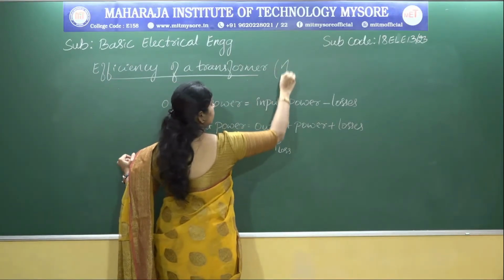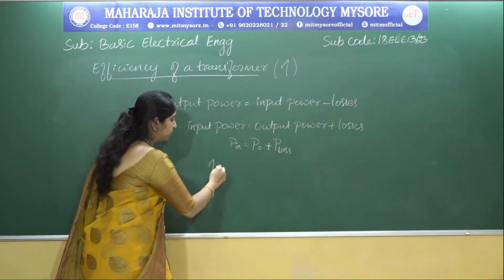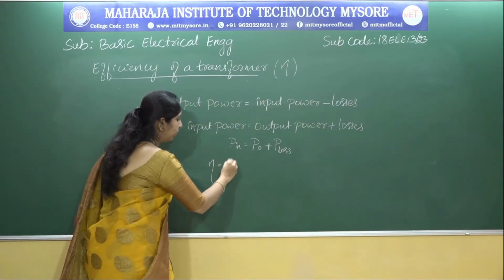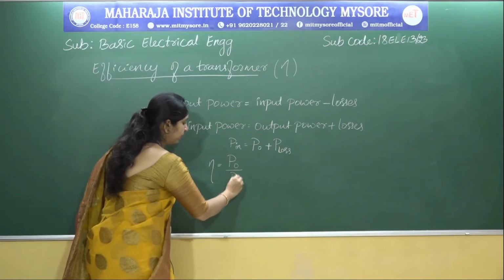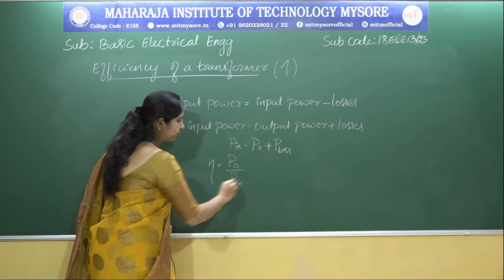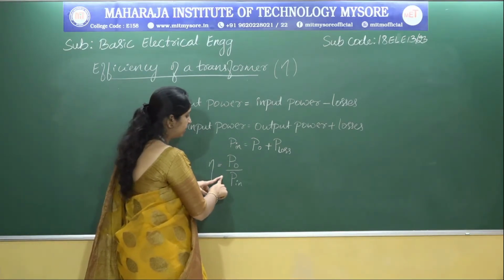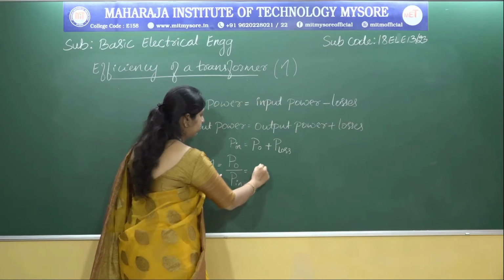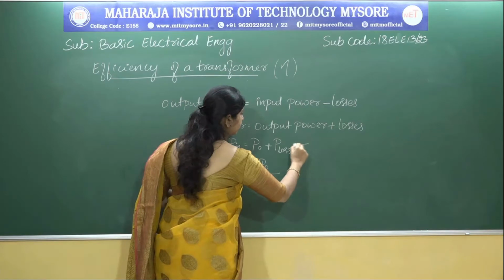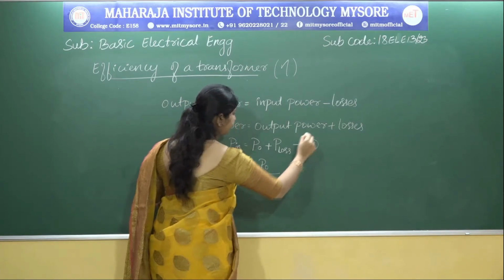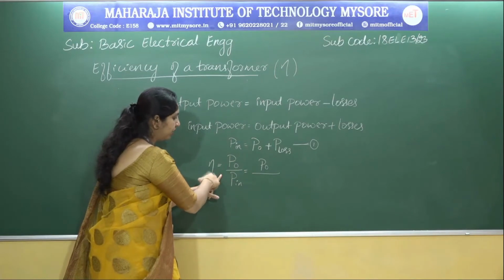The efficiency of a transformer is nothing but the ratio of output power to input power. Let us call this equation 1.